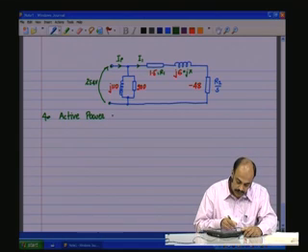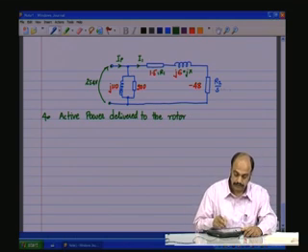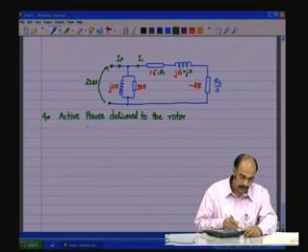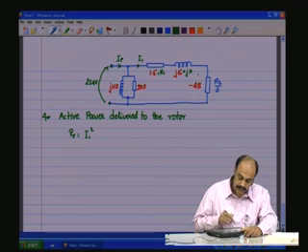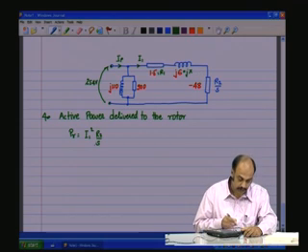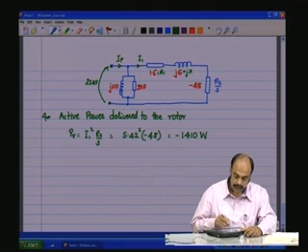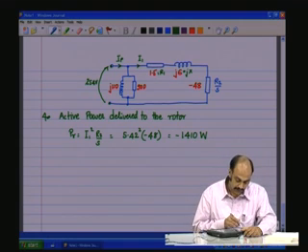The active power delivered to the rotor from the mechanical side is PR, and that is equal to I1 square into the resistance R2 by S, which is 5.42 square into minus 48, and that is minus 1410 watts. The minus sign indicates that the power is flowing in the reverse direction.